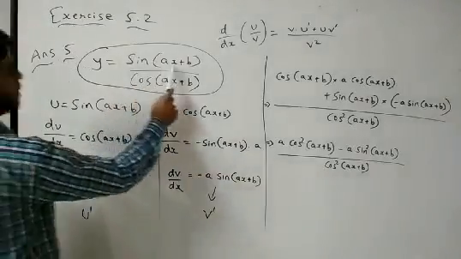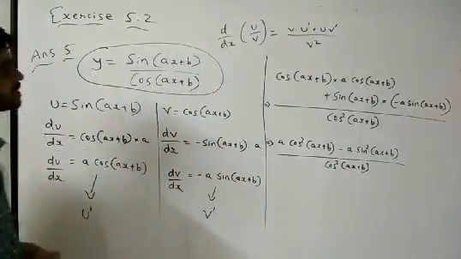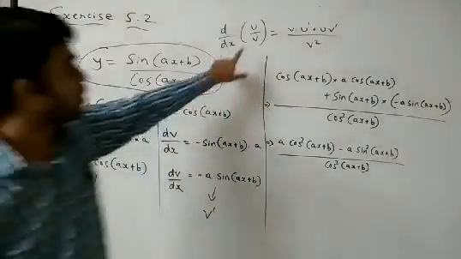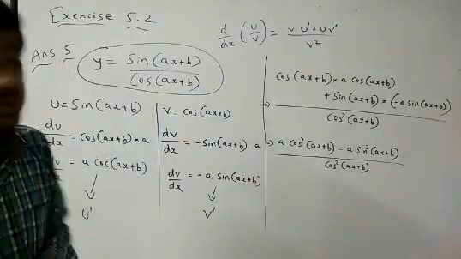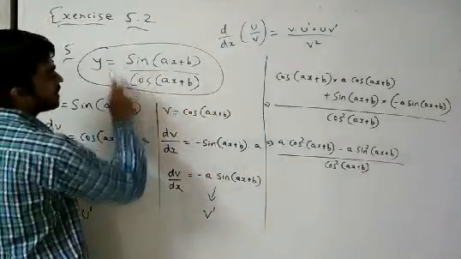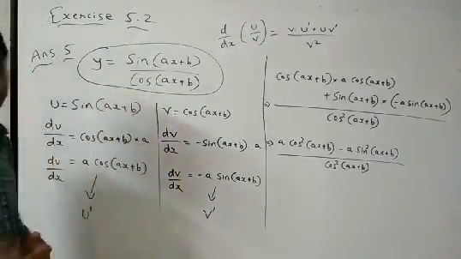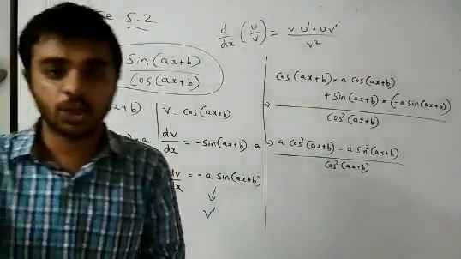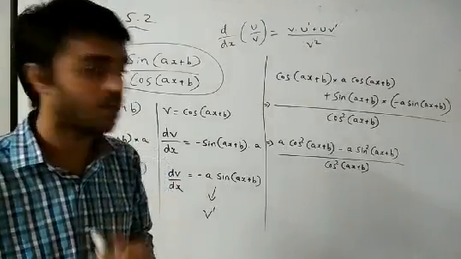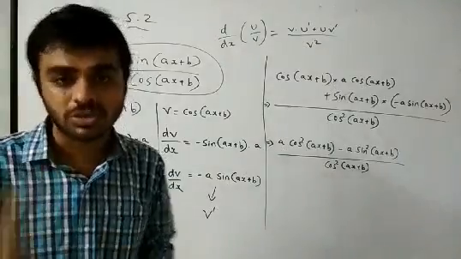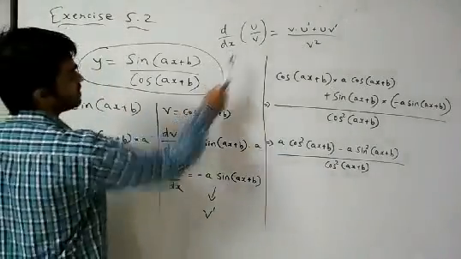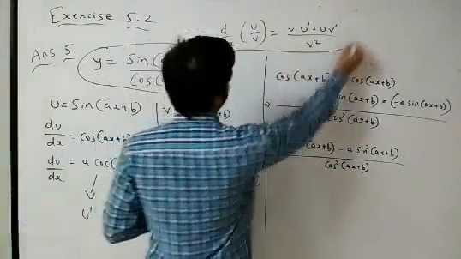Because sin of x plus b divided by cos of x plus b is nothing but quotient rule. Whenever numerator and denominator both are functions, this is a separate function and this is also a separate function. So there are two functions, one in the numerator and one in the denominator. Then how are we going to solve? We are going to solve by the method of quotient rule.